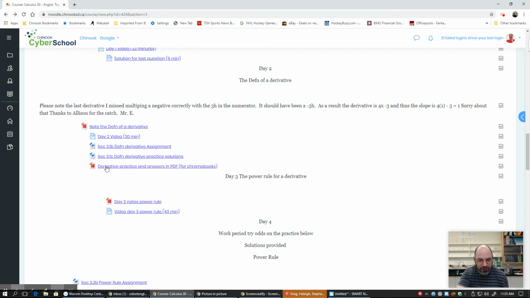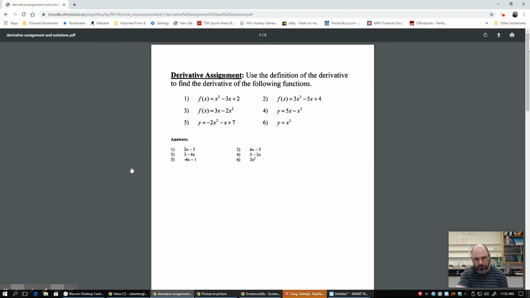And I put it here, right here for Chromebook people. So this and this are the same as this scan. This PDF scan are these two Word documents. Some people don't have available Word. So if you click on this practice assignment here, there are the ones I want you to do for practice, and then there's your solutions there.